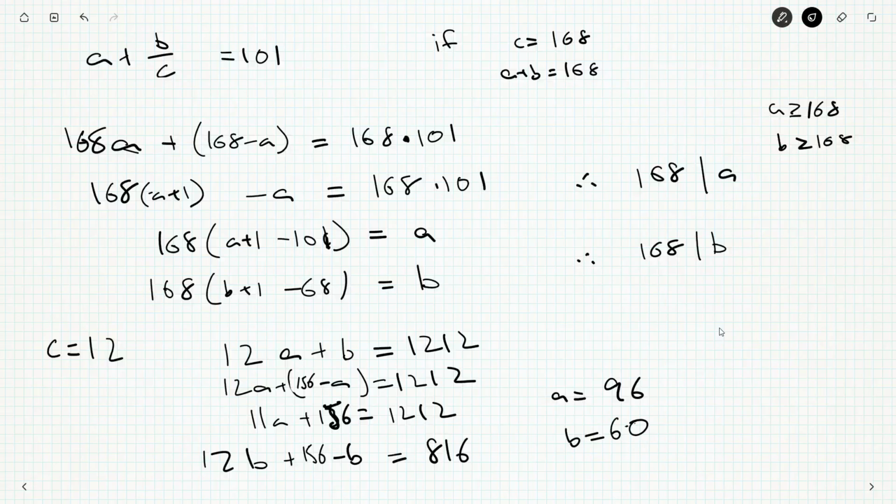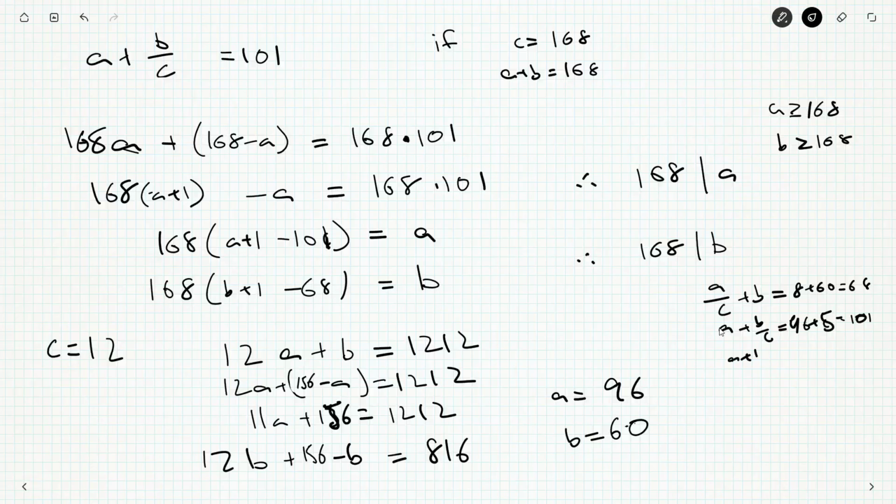And yeah, hey, C divides both of those. So A over C plus B is going to be 8 plus 60, and that's 68. And A plus B over C is going to be 8 plus 5, or no, 96 plus 5. And that is indeed 101.